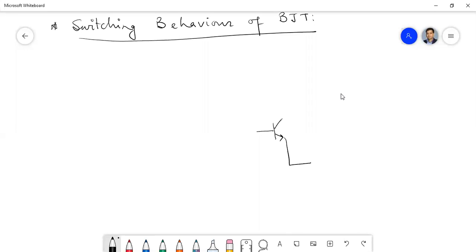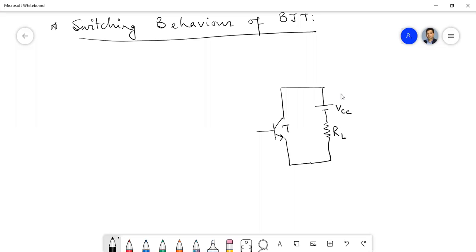This is the transistor under consideration, which needs some biasing. This is the load resistance RL, this is the collector voltage VCC, and this is the transistor under consideration.